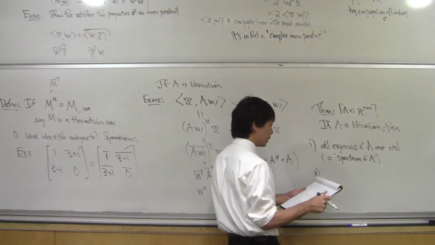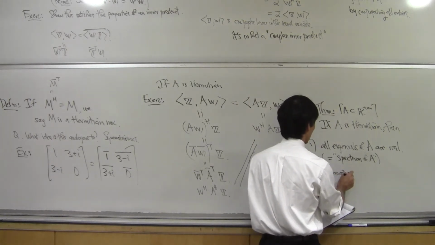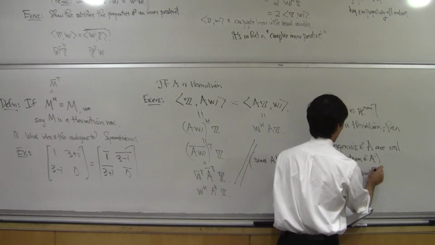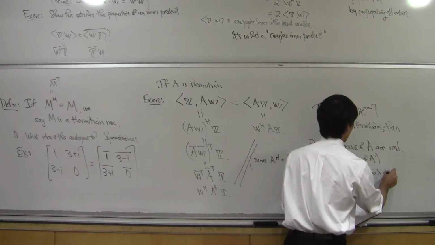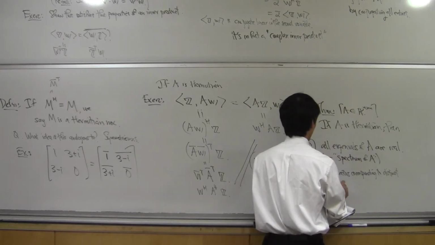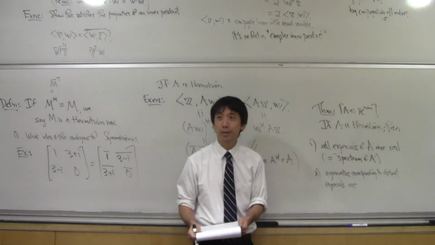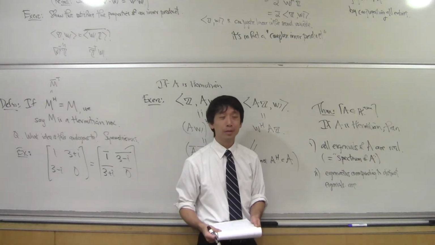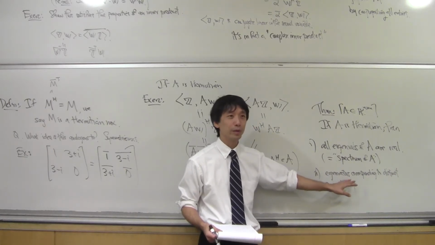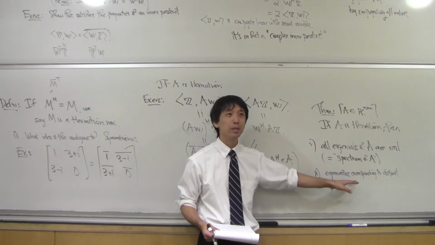Number 2, eigenvectors corresponding to distinct eigenvalues are orthogonal. We actually had something like this before: eigenvectors corresponding to distinct eigenvalues are linearly independent.